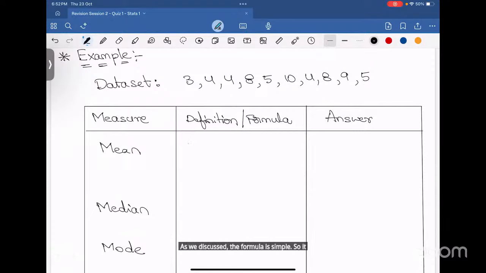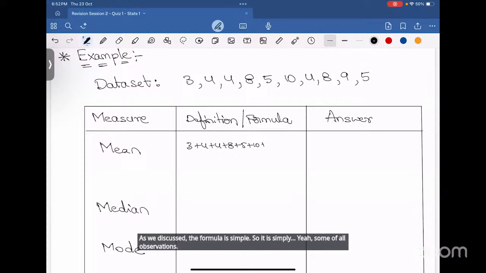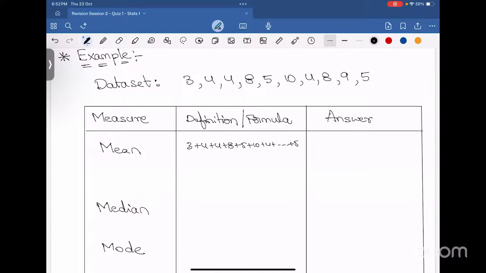It is the sum of all observations divided by the total number of observations, which is 10. If you compute, the sum is 60. So 60 divided by 10 will be 6. The mean of this particular data set is 6.